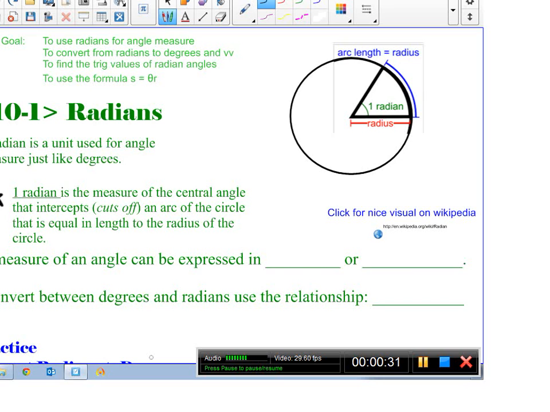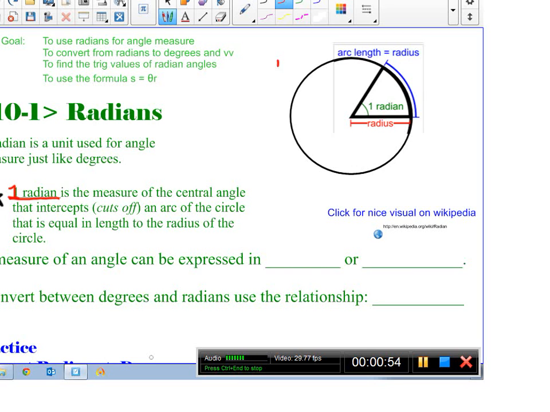So the definition of 1 radian: 1 radian is the measure of the central angle that intercepts or cuts off an arc on the circle that is equal in length to the radius.